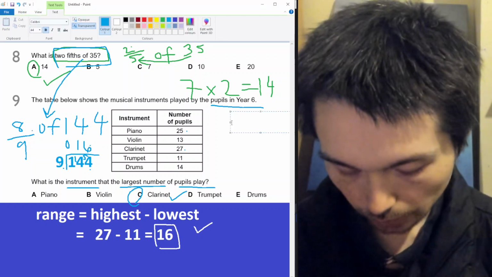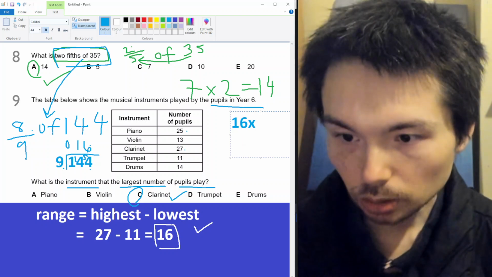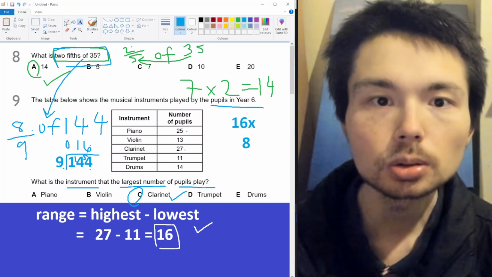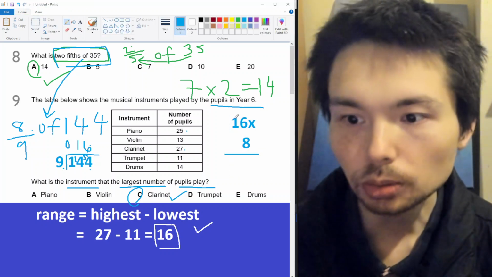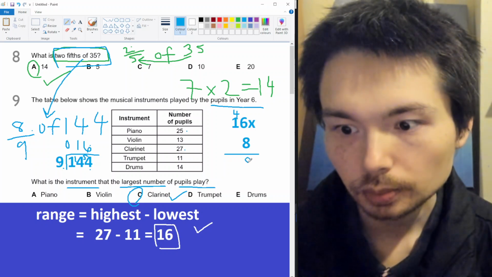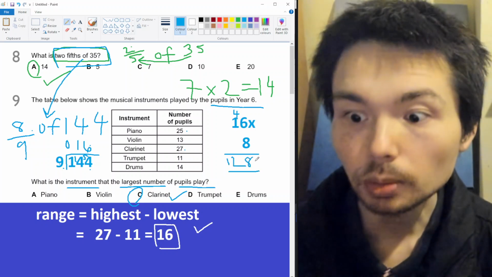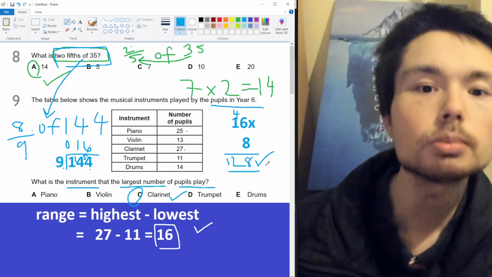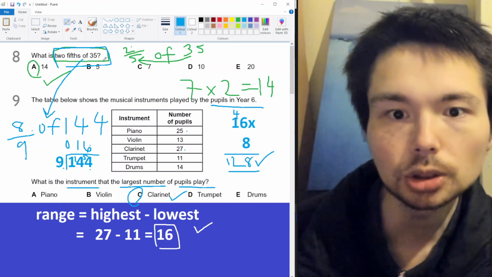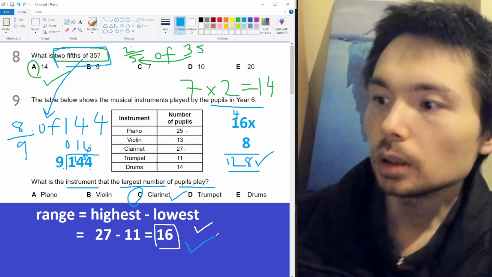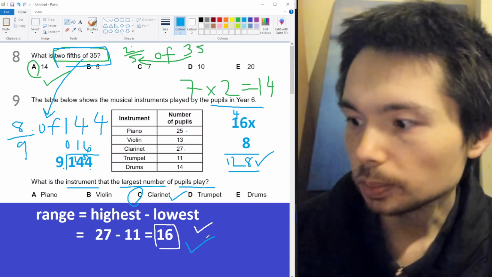Do that on the side, just column multiplying normally. 6 times 8 equals 48. 1 times 8 is 8. Add 4, which is 12, so 128. My question is much harder than the question shown above, just like this one. If I can challenge the student, I will.